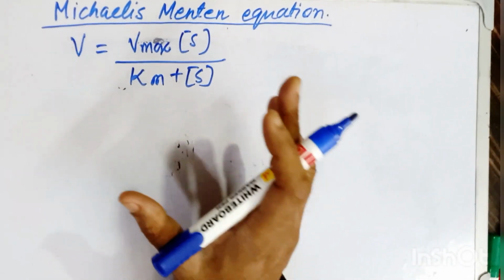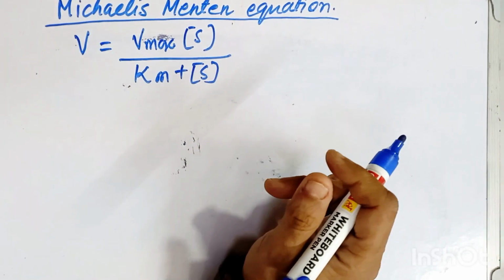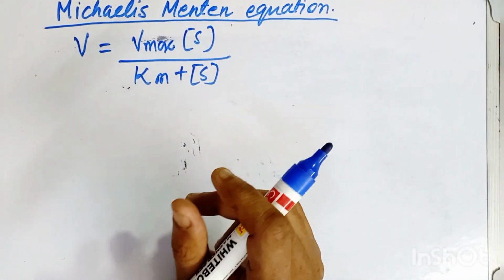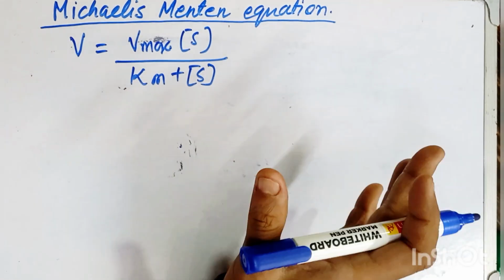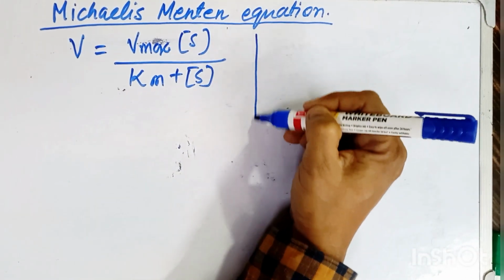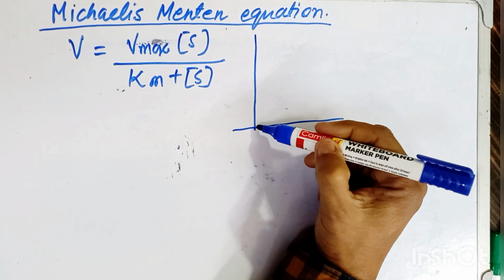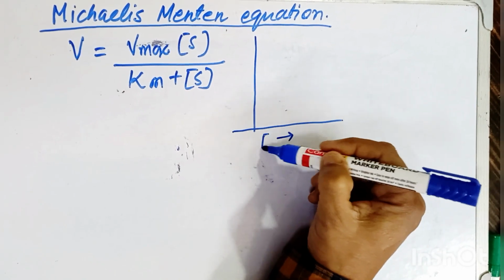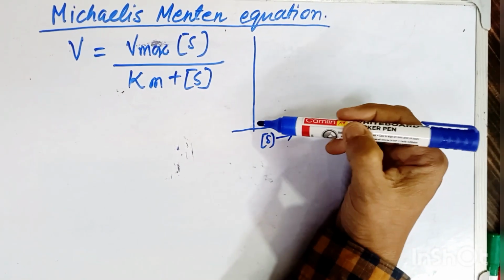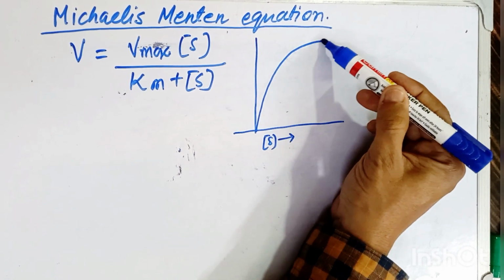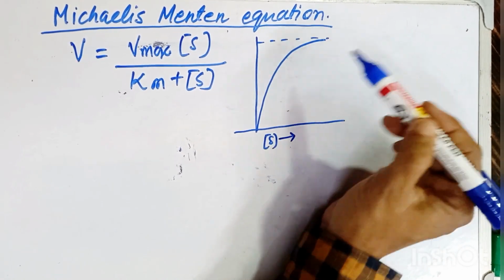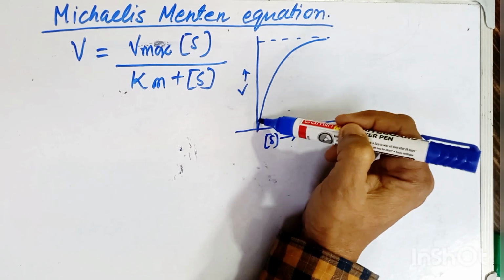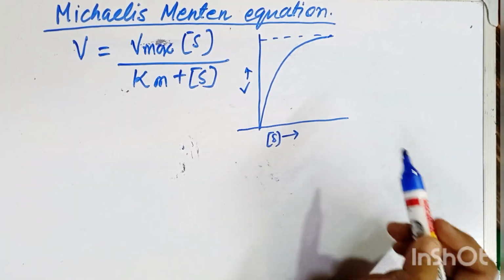Now I will explain how it does so. The enzymatic reaction depends on the substrate concentration that I have told you in the previous curve, that with increase in substrate concentration on the x-axis, the velocity changes. The velocity changes because this is the plot of velocity.